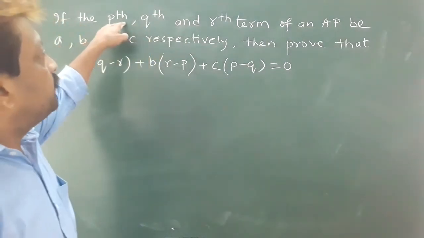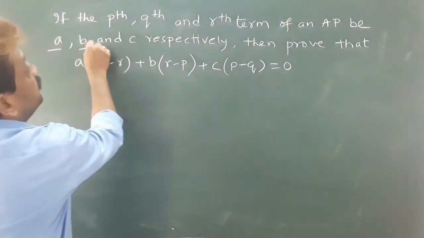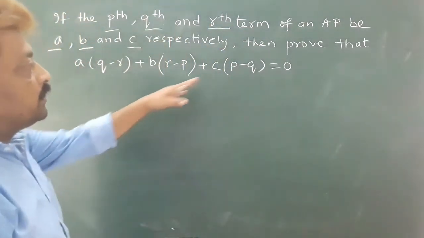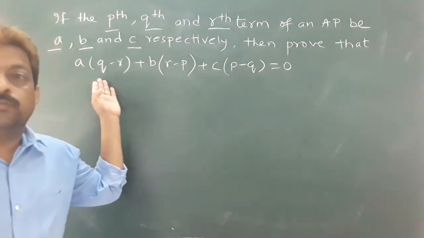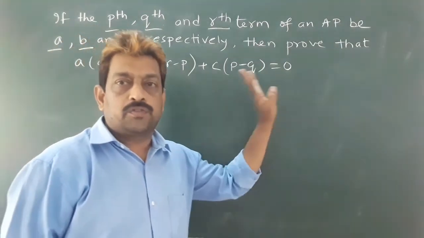If the pth term is a, qth term is b and rth term is c, then prove that a(q minus r) plus b(r minus p) plus c(p minus q) equals to 0.